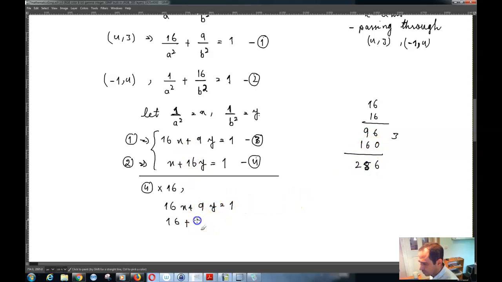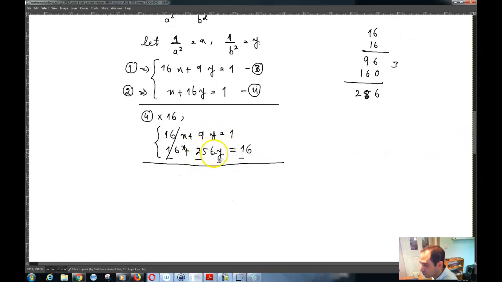These two 16x terms will cancel out, and then you have 9y minus 256y, that is negative 247y, is equal to 1 minus 16, which is negative 15.